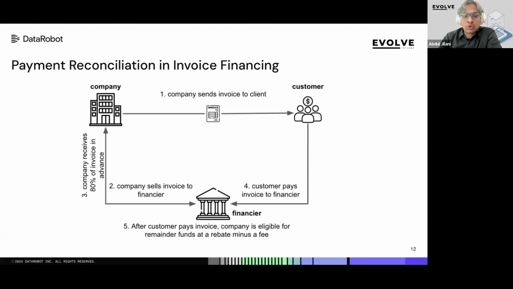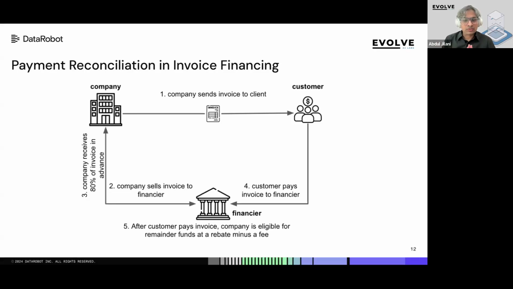The financier takes over all the hassle of working with the customer and getting the payment ready for the company. And once the customer makes the payment on the 25th of the month, the financier will take their own fee, or a percentage of the transaction, and pay the remainder to the company.